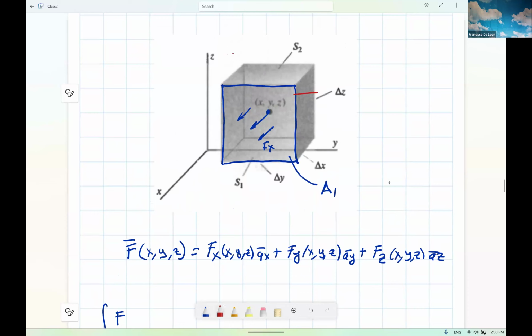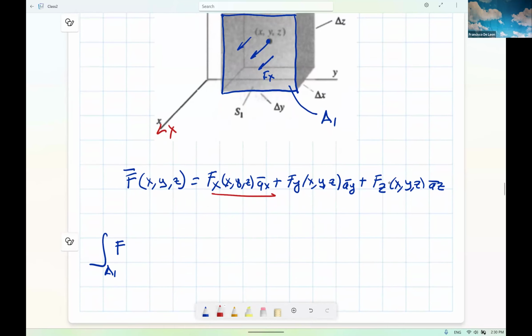The part of the field that goes perpendicular to this surface doesn't account for any flux, so I don't need to put it. I only need Fx because this is the x direction. So for area 1, the integral will be Fx, a function of x, y, and z.